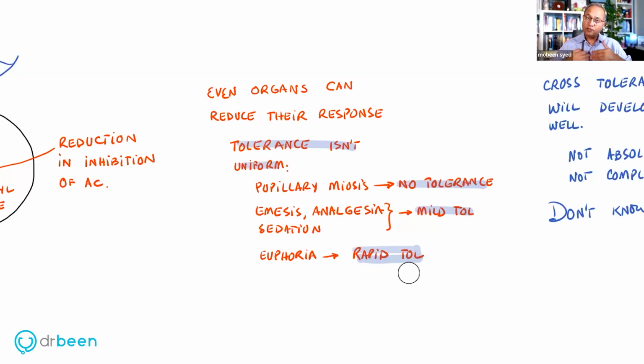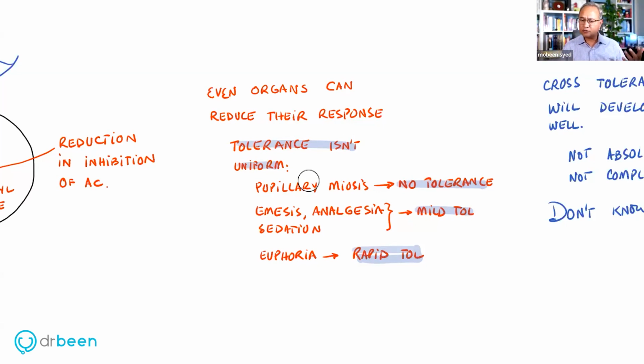And the tissue might start producing resistance to it or counter-regulation to it. So here, even organs like, for example, CNS can reduce their response to opioid, and that tolerance will be produced organ-wide. However, please remember that this organ-wide tolerance is not uniform throughout our body.